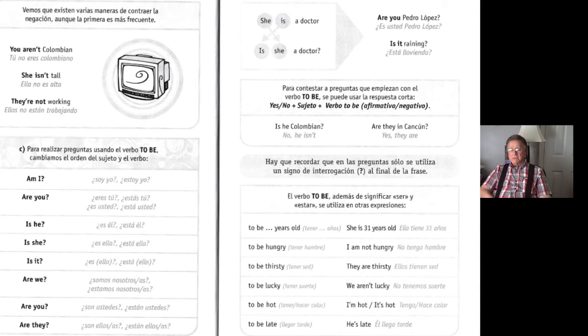Are they in Cancun? Yes, they are. Okay. We know in Spanish that we start a question with a question mark in front of the question and at the end. In English it's only at the end.